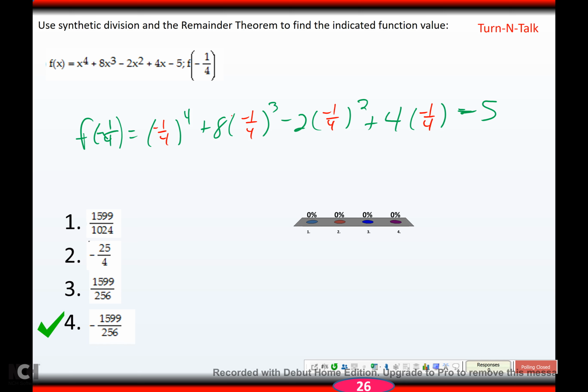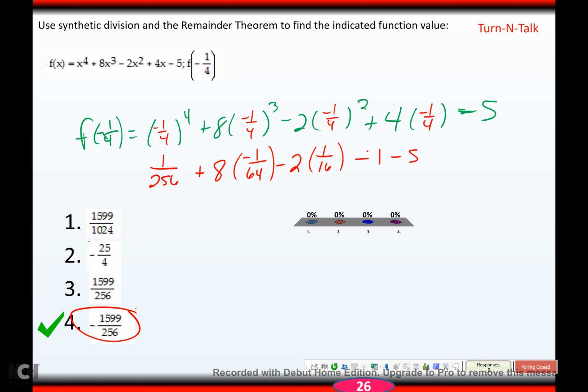If I type parentheses, negative 1 divided by 4, close your parentheses, caret 4, math enter, that gives me 1 over 256 plus 8 times negative 1 over 64 minus 2 times 1 over 16 plus, that's going to be negative 4 over 4, so that's going to be negative 1, and then minus 5. And then if you type this in left to right and math enter it, you get that.